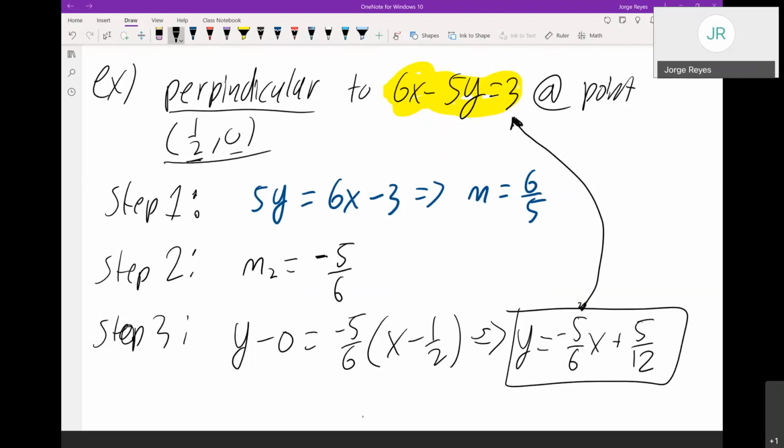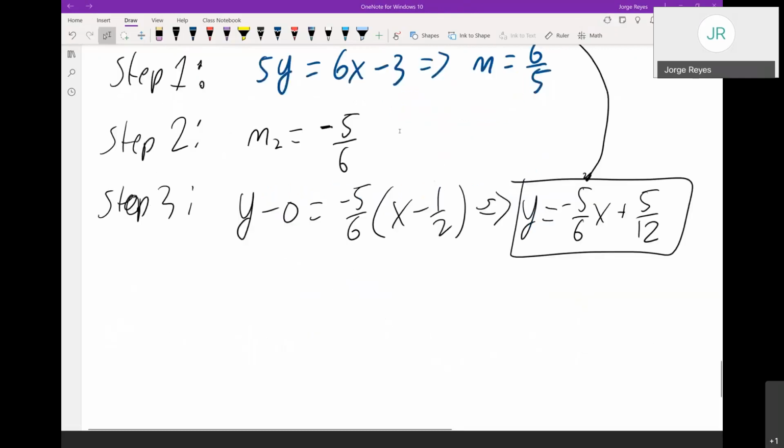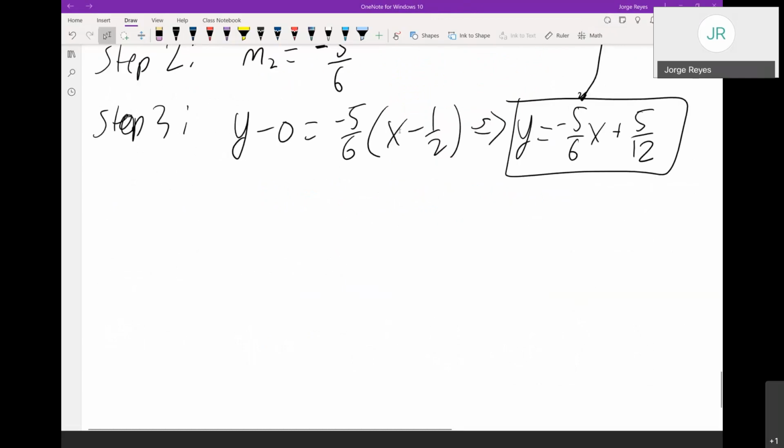So yeah, perpendicular, parallel. Okay, lastly, let's do one more example, just so you can get two examples of perpendicular lines, because those require just a little more work.